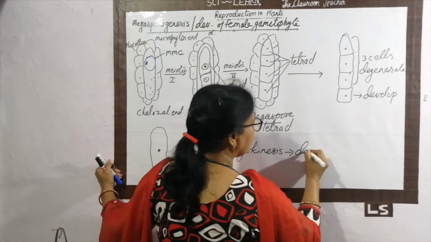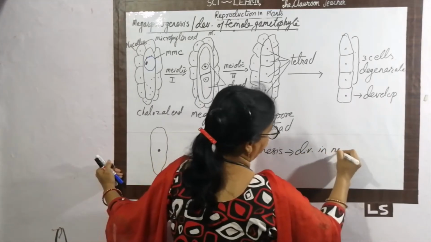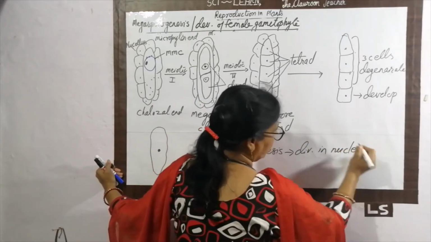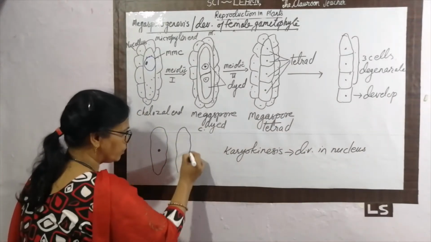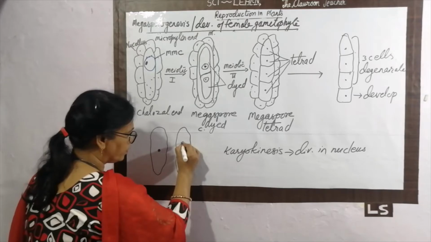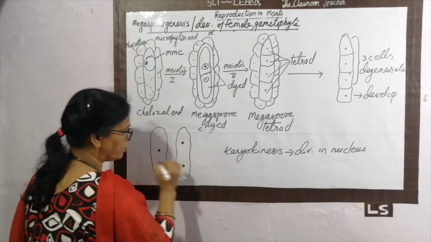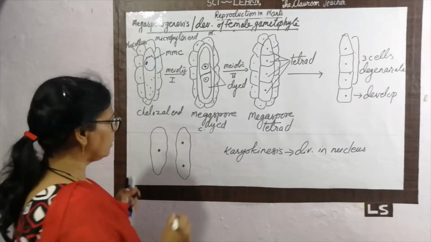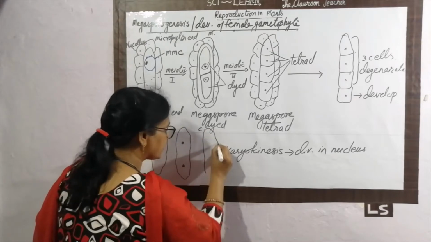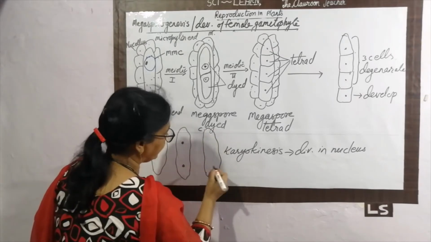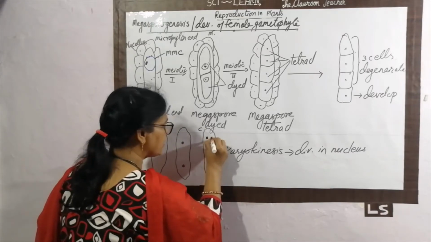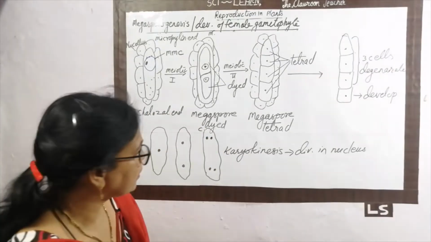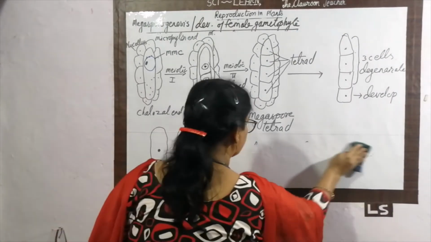Karyokinesis means division of the nucleus. This 1 nucleus is divided into 2. After the first division, these 2 nuclei divide into 4 after the second karyokinesis, and then after the third karyokinesis.